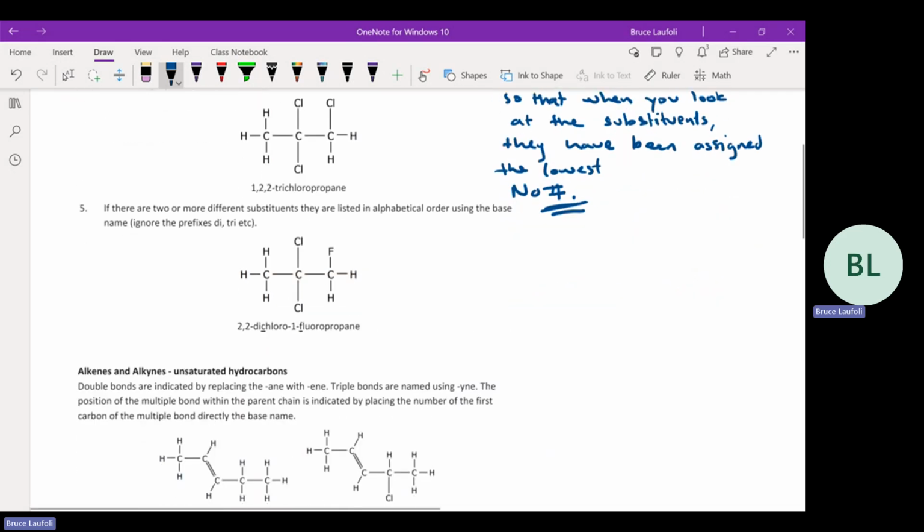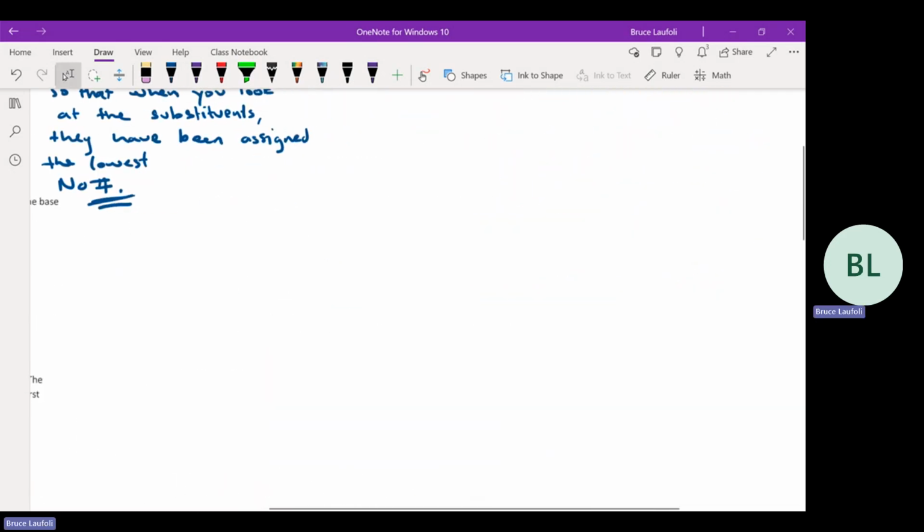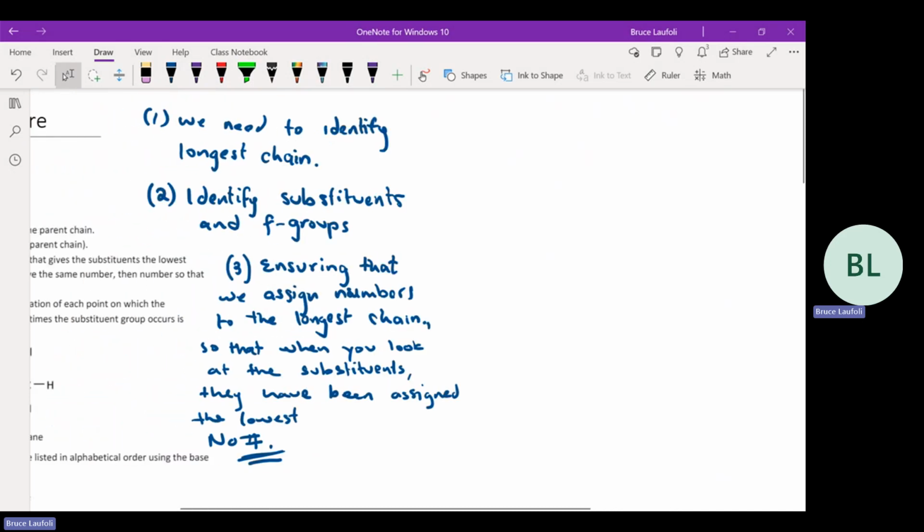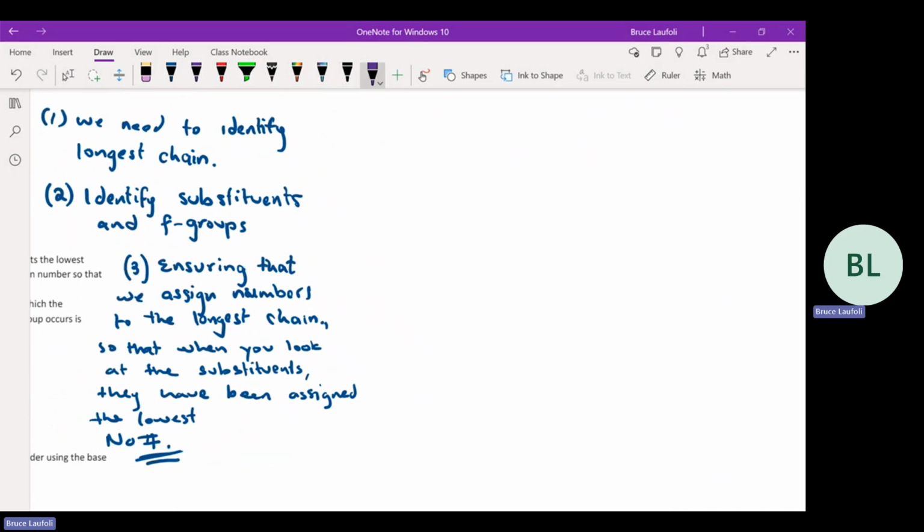The second thing I want to go over with you is the idea of suffixes and prefixes. So let's start off with suffix. A suffix is a portion of the name, and of course it will come near the end, I should say.